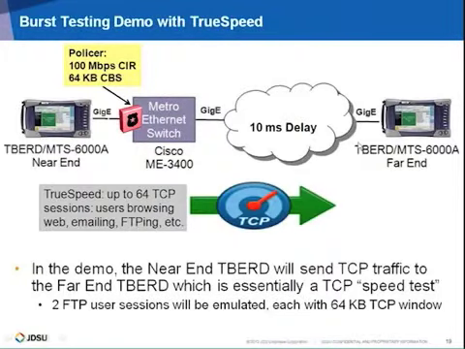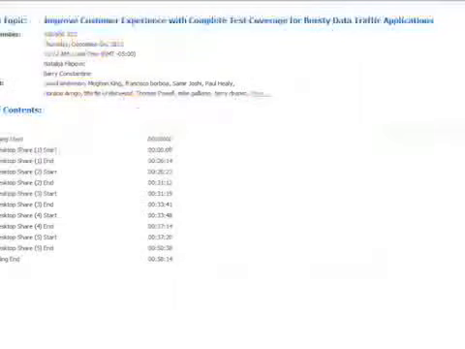Okay, we're going to run 2 sessions, each with a 64 kbyte TCP window. So just think of that as almost identical to 2 users at a customer premises simultaneously doing an FTP from the near end T-Bird to the far end T-Bird. Okay, so we're going to go on to the demo, and again, your screen will flip one more time.